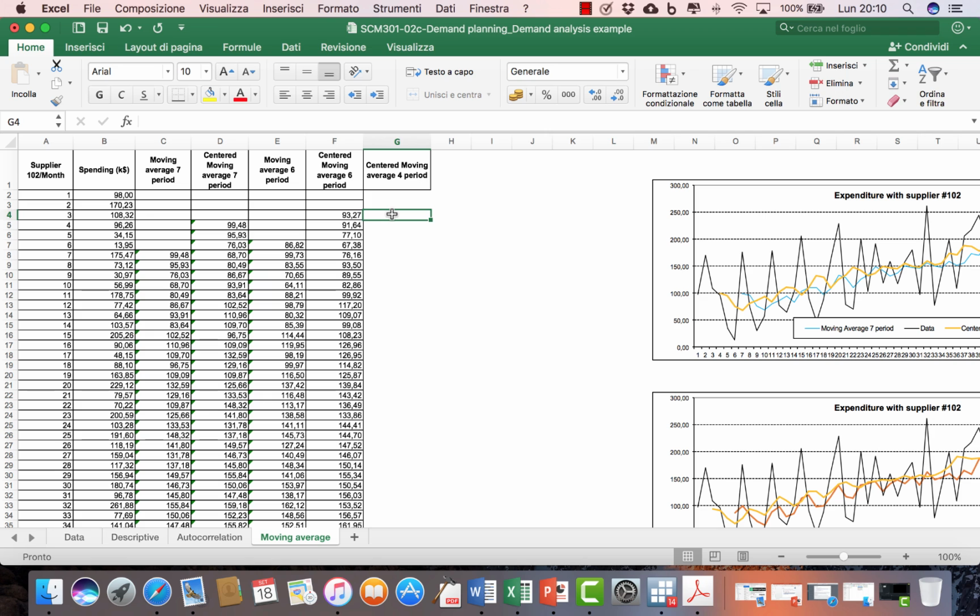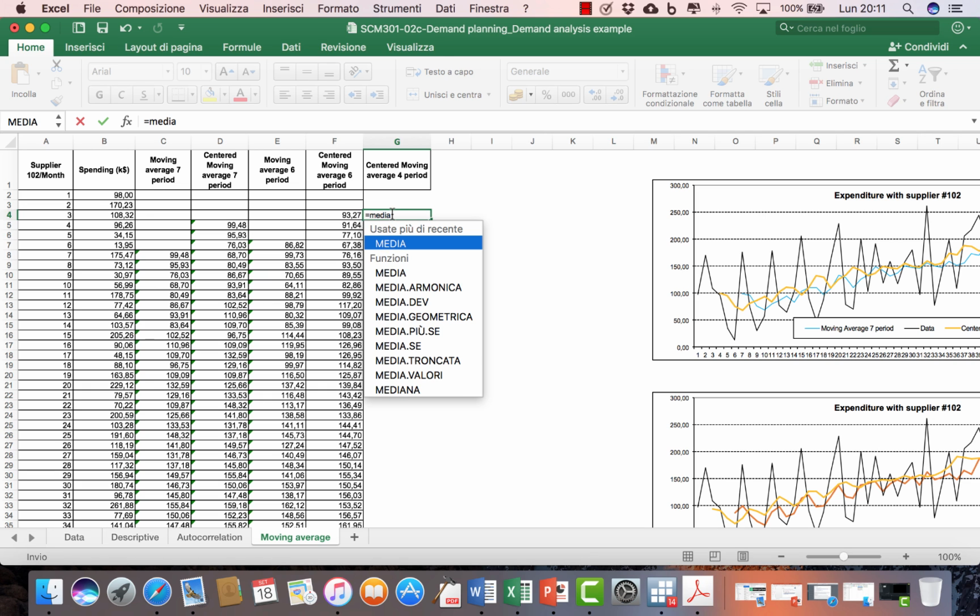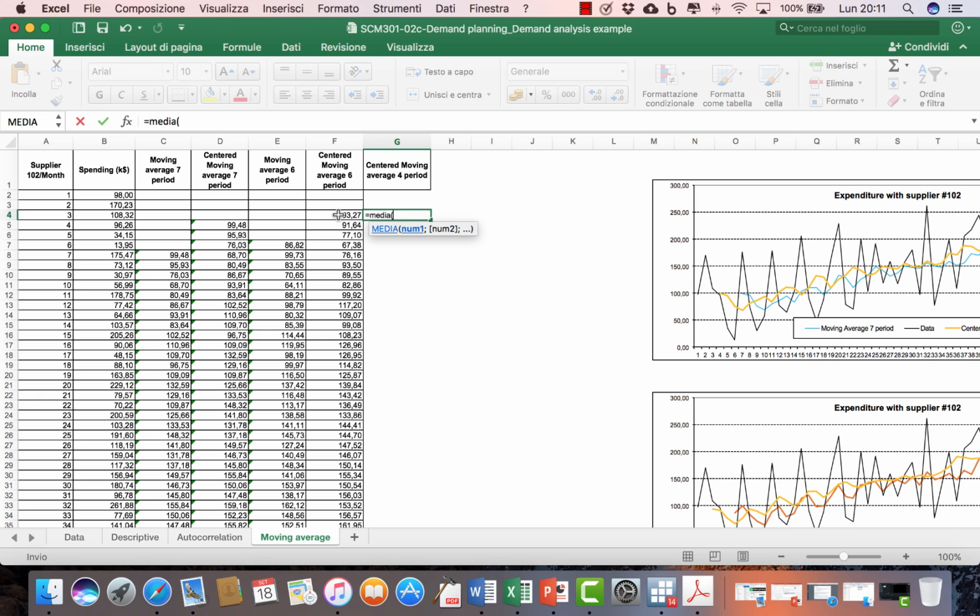So if I am positioned here, I should first average the first 4, but I'm not making a centered moving average of 4 periods, because I have 1 after and 2 before, so it's not really centered.